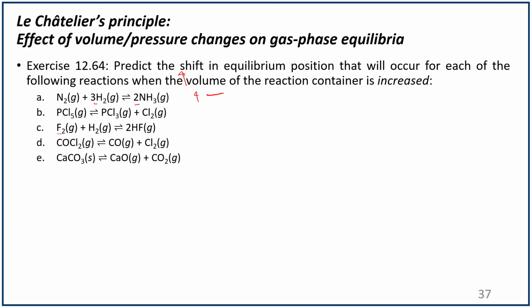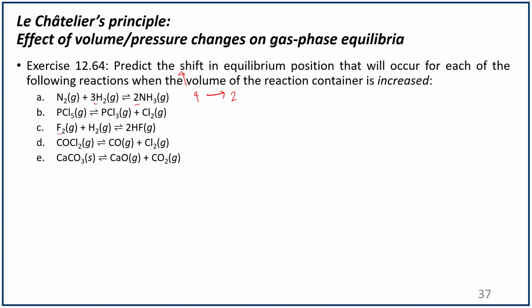Then to the product side, I'm just writing this arrow to indicate that we're going from reactants to products. On the right side, we only have 2 total moles of gas. As you can see, the number of moles of gas increases as you go from products to reactants, but decreases as you go from reactants to products.